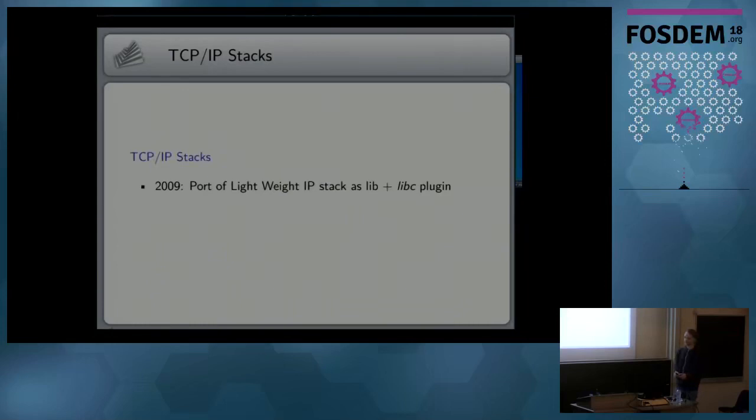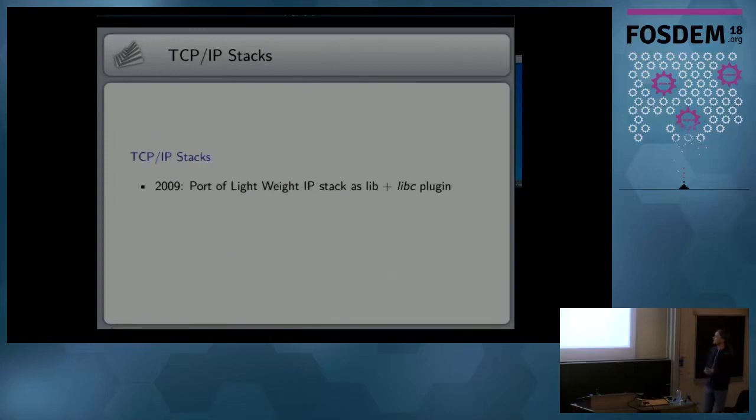And it is accompanied by a libc plugin. So we have in Genode this concept of the libc that is empty in the initial state, and you put some plugins behind it that fulfill your requirements.